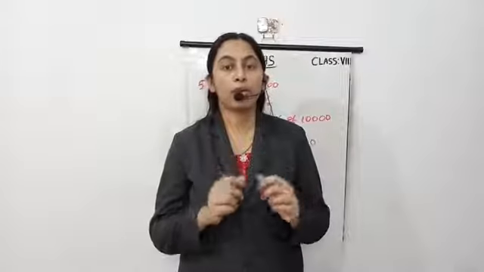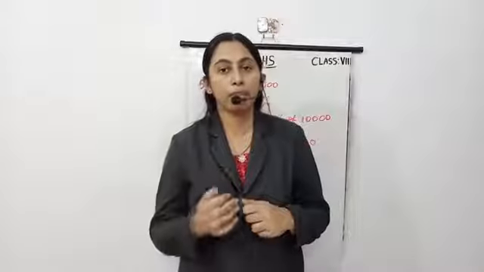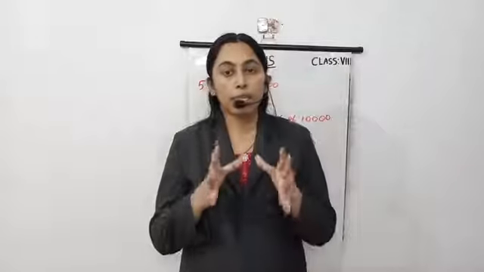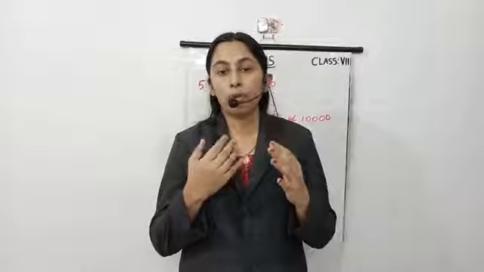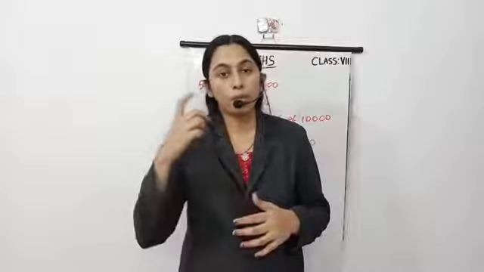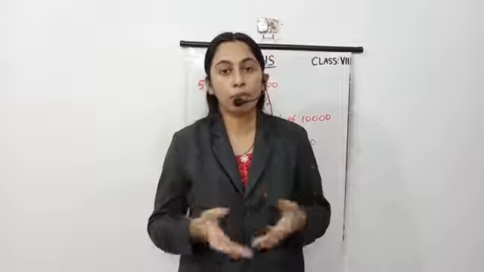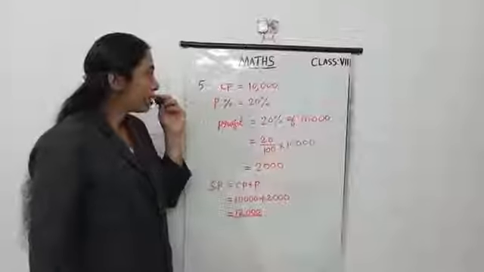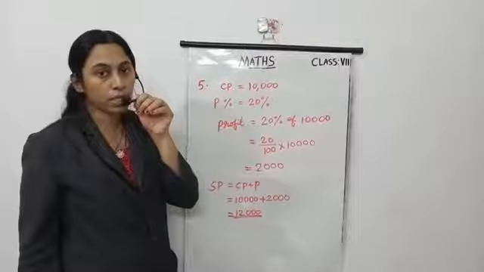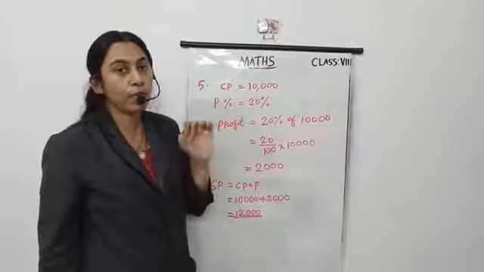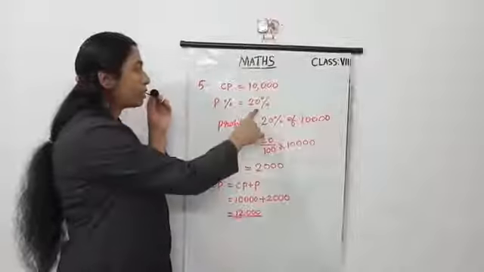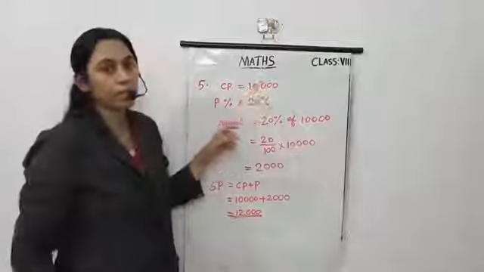First calculate the profit amount. Here the given profit percentage is 20%, that is 20% of the cost price is the profit. Here given cost price 10,000, profit percentage 20%. First we need to find the profit amount. So profit amount is 20% of cost price.